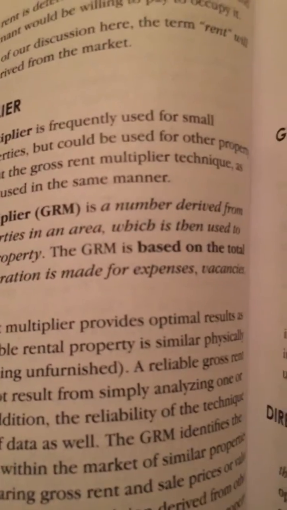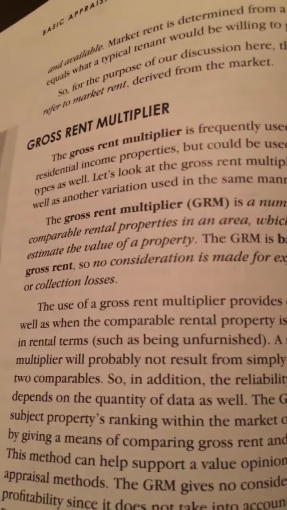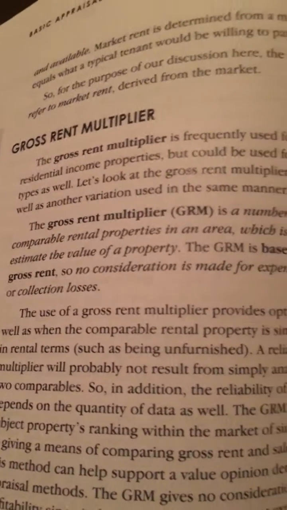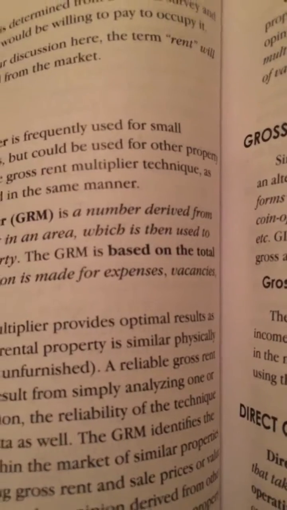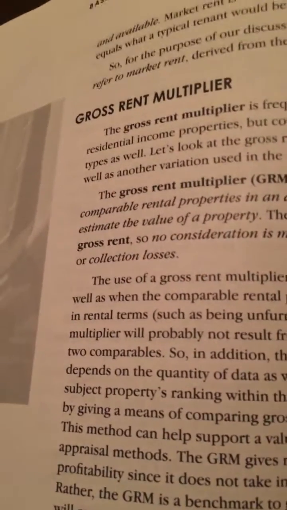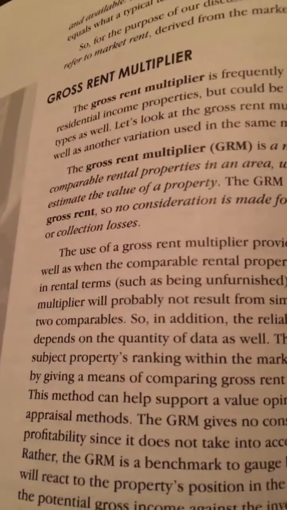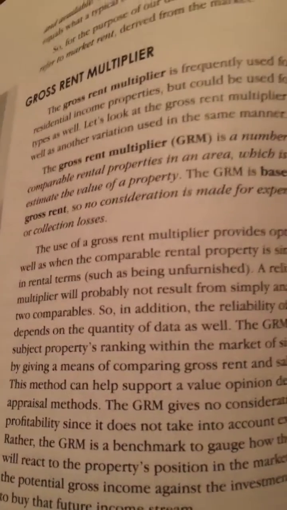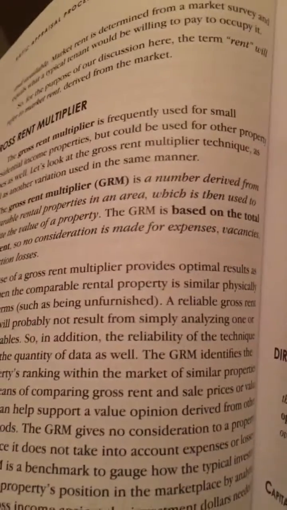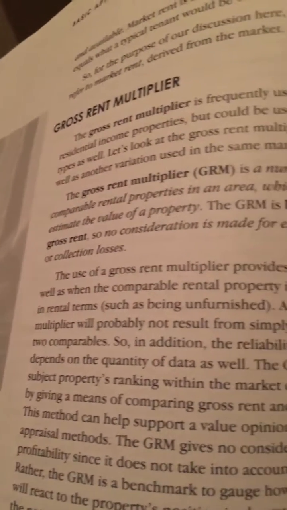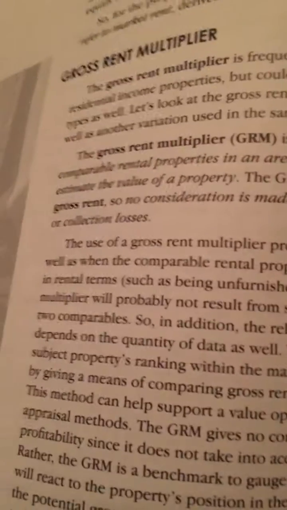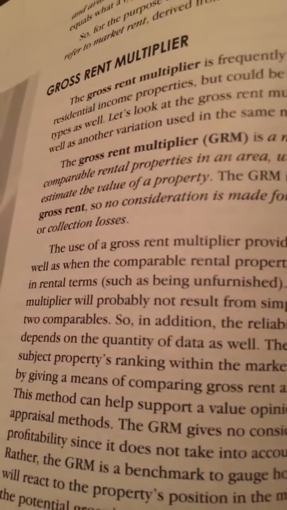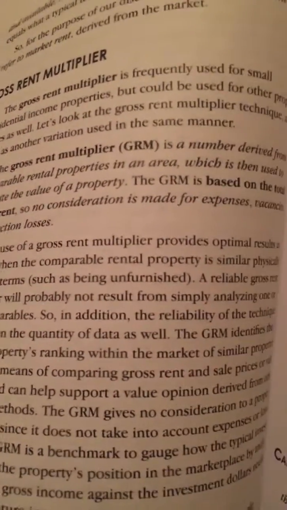The GRM is based on the total gross rent, so no consideration is made for expenses, vacancies, or collection losses. The use of a gross rent multiplier provides optimal results when the comparable rental property is similar physically and in rental terms, such as being unfurnished.